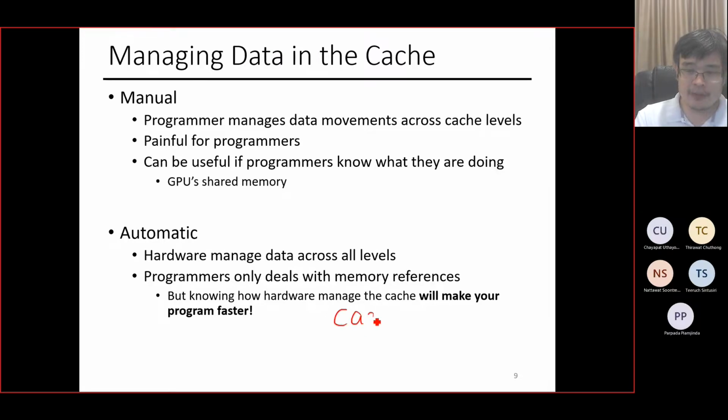A cache-friendly algorithm or program, which is something done in high-performance computing all the time, will try to make sure whatever you try to access is already in the L1 cache.